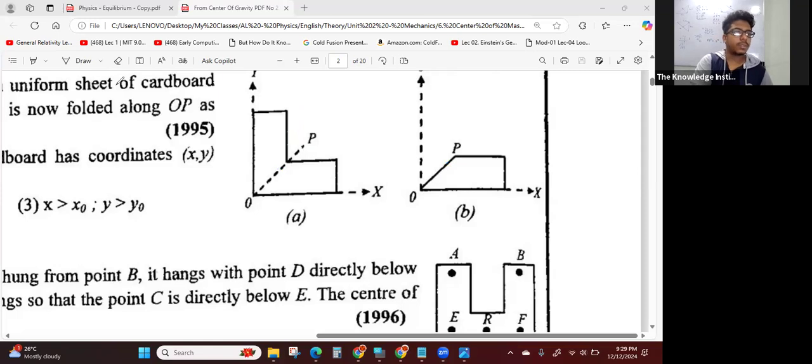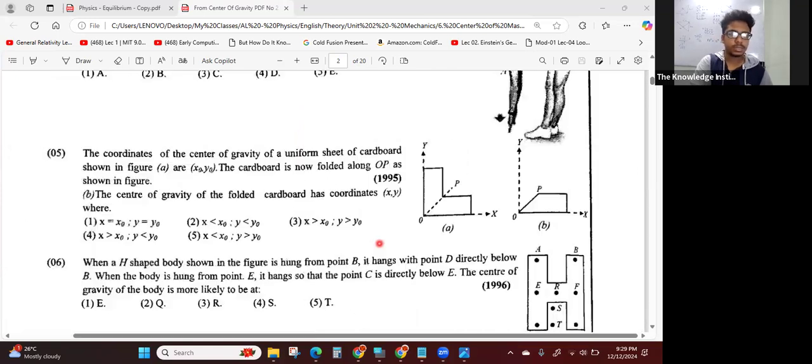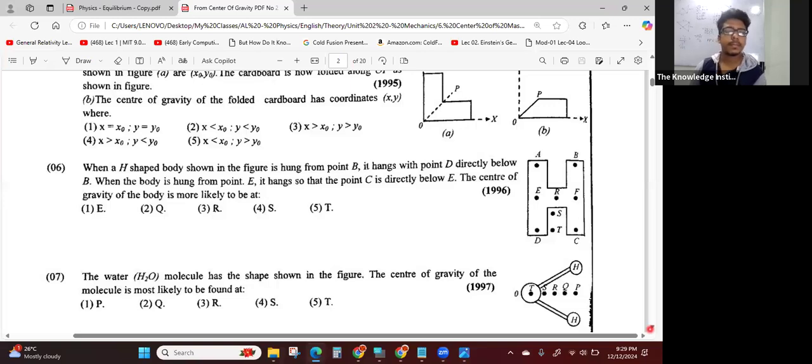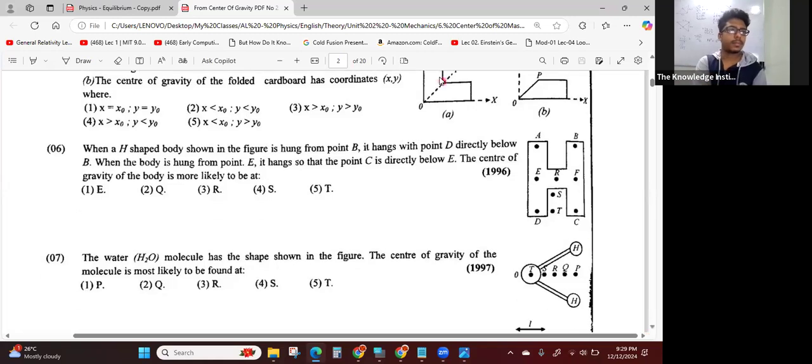Okay, what is the answer for the next question? Question number 6. Okay, so your answers are correct. It is S, because when you hang it from E, C will be at the bottom. So S is the correct answer.